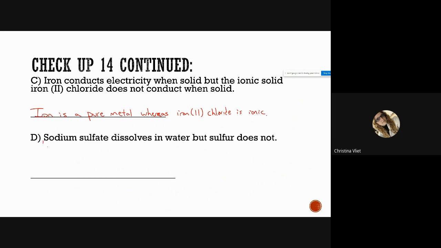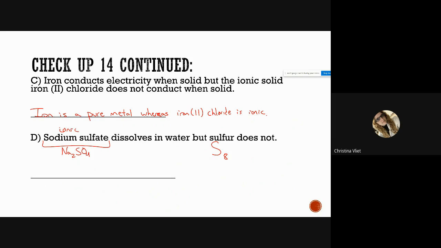Sodium sulfate, what type of compound is that? Ionic. That's the decision you have to make. Ionic. What is pure sulfur? Anybody remember? It's actually S8. I have not re-asked you to memorize the standard states yet, but that's coming in Unit 3. Regardless, this is a pure element, right? And this is an ionic compound.